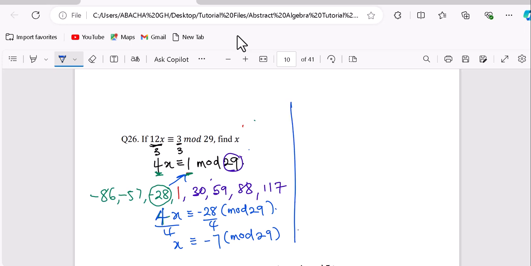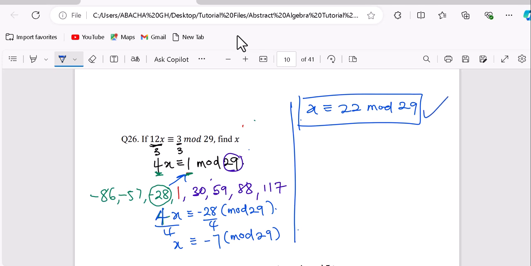Negative 7 mod 29 is the same as x congruent to, we just add 29 to negative 7, making 22 mod 29. And this is our final answer. That is all for this particular question. So you don't need to struggle to do anything.